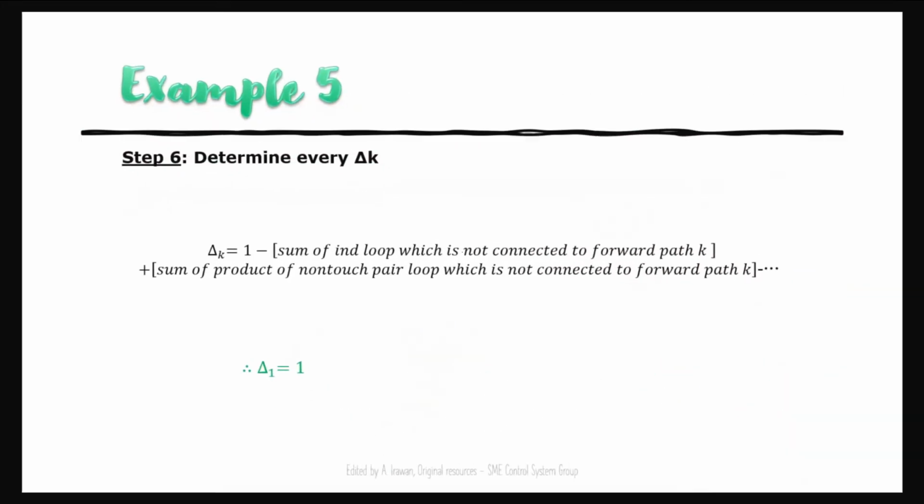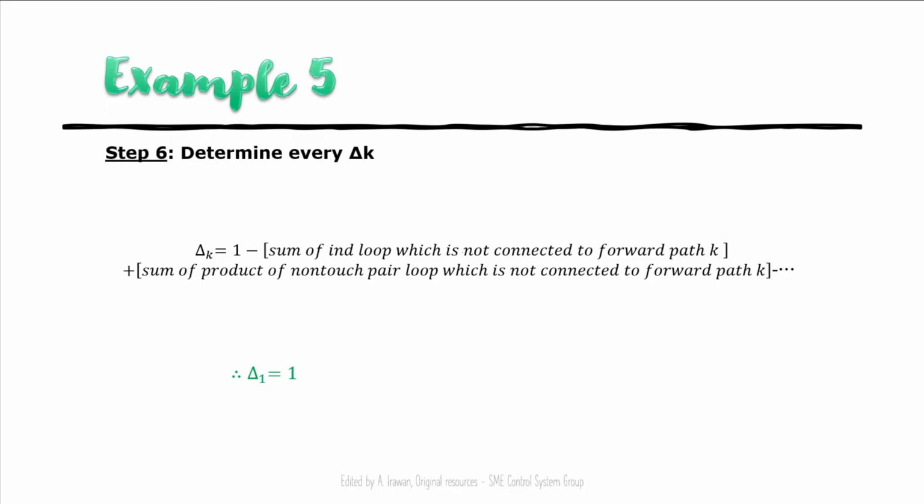So how about delta K? Delta K needs the components that do not touch the forward path. All loops are touching the forward path, so the component is 0, and because we only have one K, delta 1 is equal to 1 only.